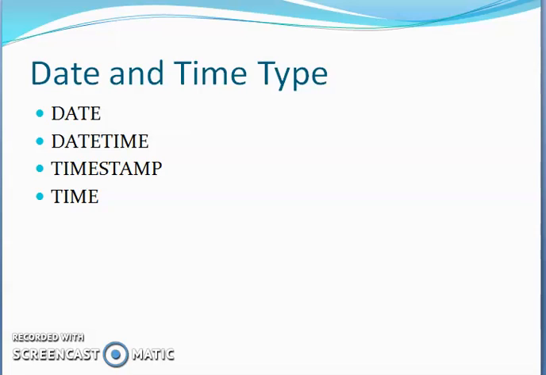For example, 3:30 in the afternoon on December 30th, 1973 would be stored as the timestamp. It means the date and time will be combined together and stored like that. Then time will be in hours, minutes, seconds format.